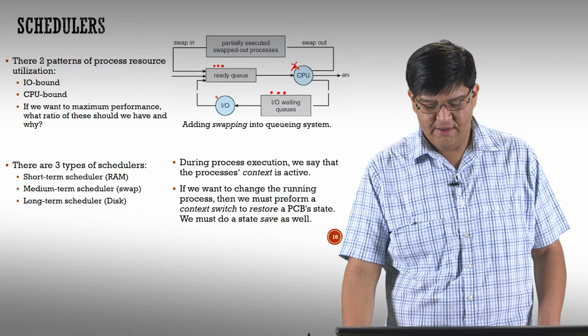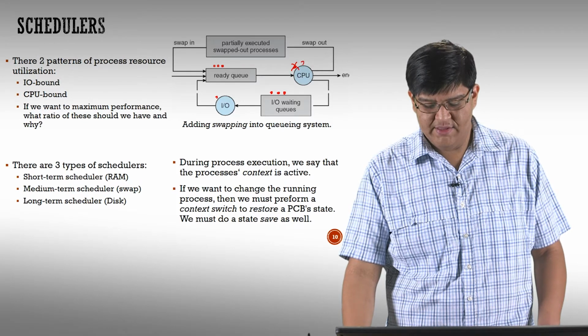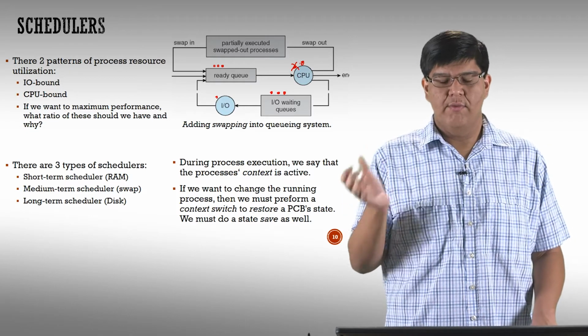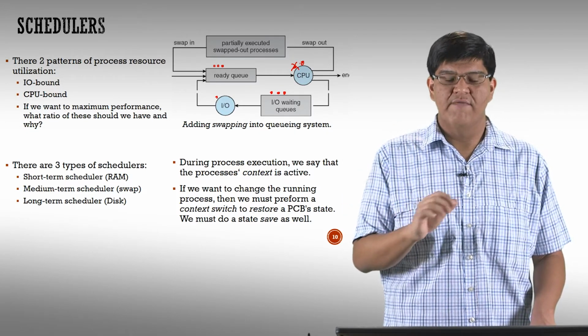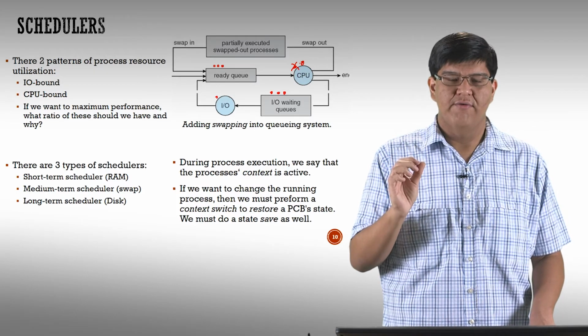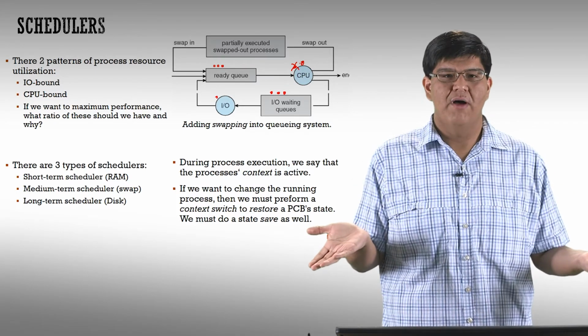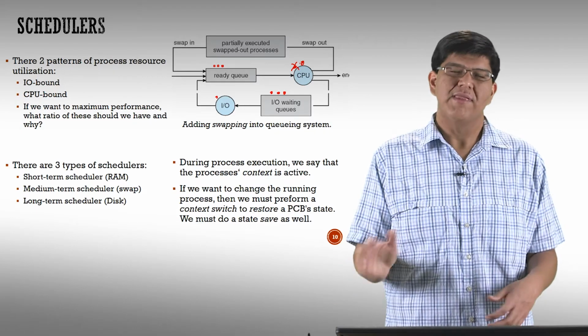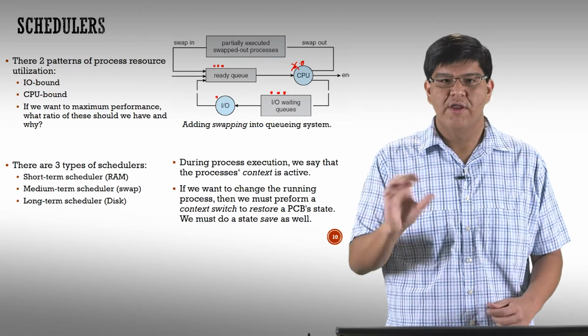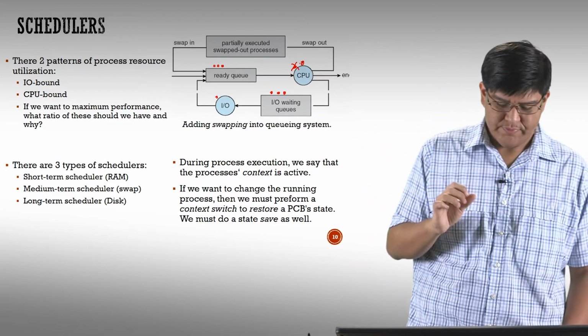So I always have something that's on I/O, and I always have something that's using CPU. I don't want to be in a situation where I just have one of these being used. I want them both to be used in parallel. So whatever mix of processes I have, that's the behavior that I want. And maybe just as a ballpark, you say maybe 50-50, or maybe a little bit more CPU, because I/O typically will take a little bit longer than CPU. The point is, we want both those resources to be used.